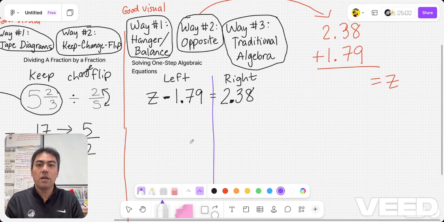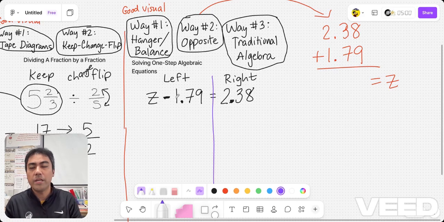And then in algebra, we usually want the variable to be alone. In other words, it wants to be by itself. The letter Z does not want to be next to the minus sign or the 1.79. So that means we have to get rid of this.